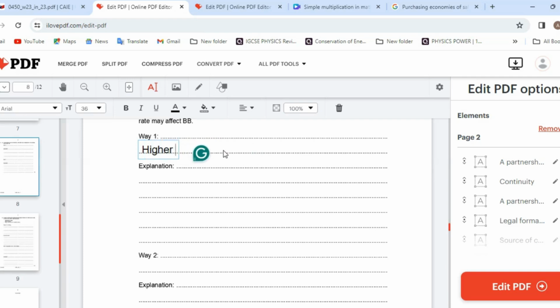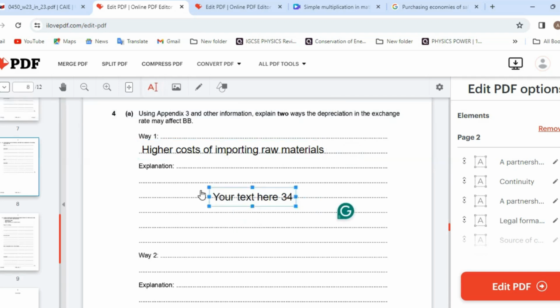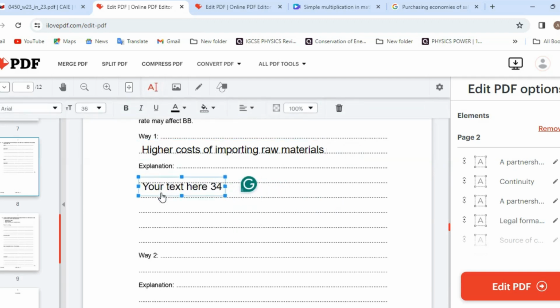Higher cost of importing raw materials. Now we have to add our explanation because we were told to explain.